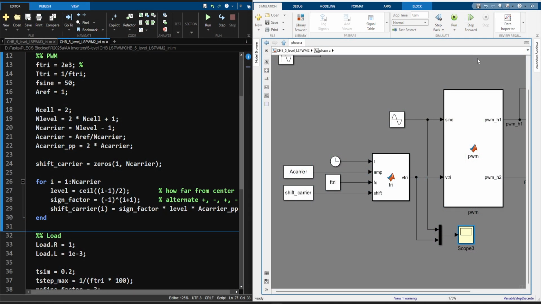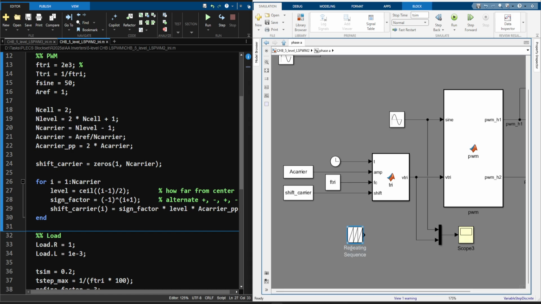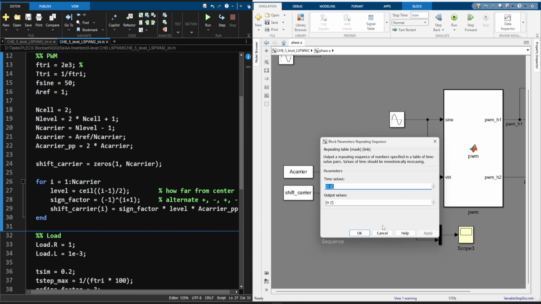Now, of course, you could have taken 4 different triangular waves as a repeating sequence in Simulink. But you can clearly see, for 4 carrier waves, we need to take 4 of them, and individually we have to adjust the parameters for that.